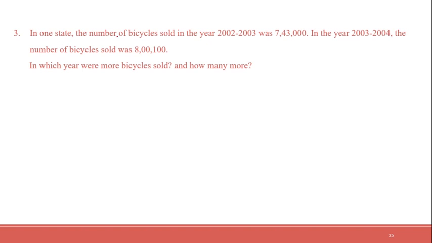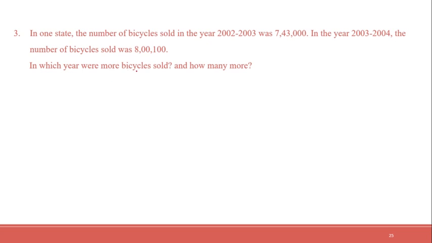In one state, the number of bicycles sold in the year 2002 to 2003 was 7,43,000. In the year 2003 to 2004, the number of bicycles sold was 8 lakh 100.